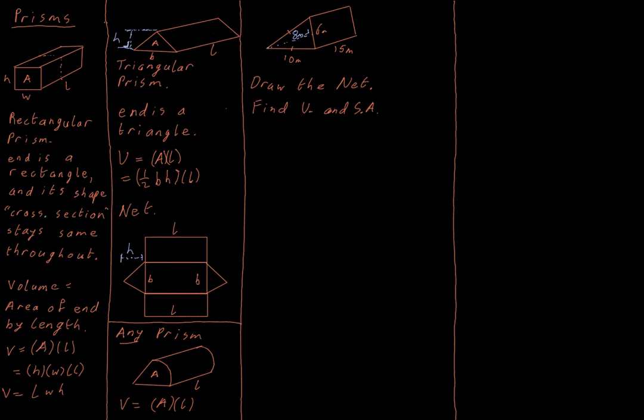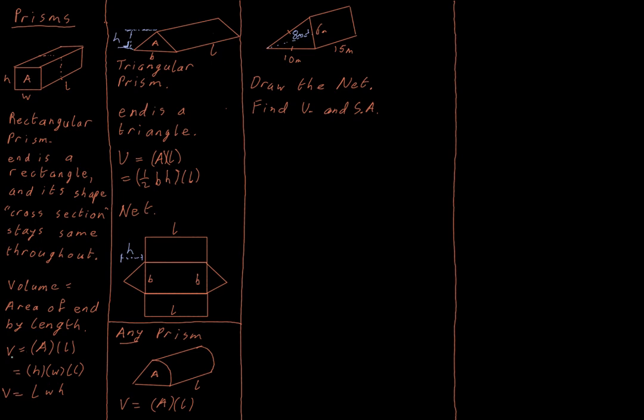So again, our cross section stays the same throughout. And the volume is always going to be, for any prism, the area of the end, capital A for the area of the end, multiplied by the length. And in the case of this rectangular prism, this is effectively just a box, so we know that its volume should end up being length by width by height.